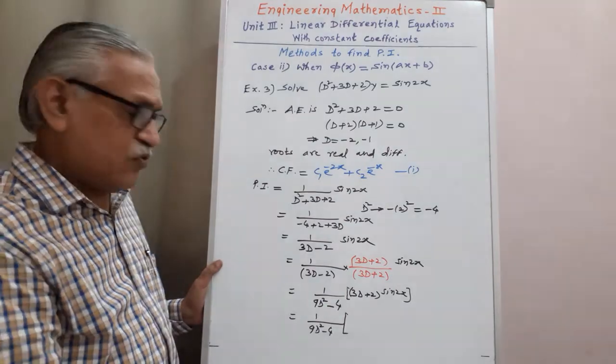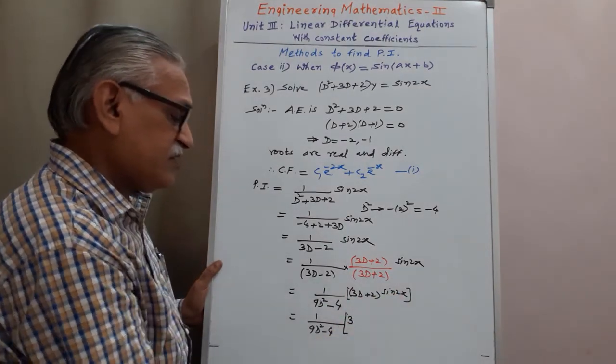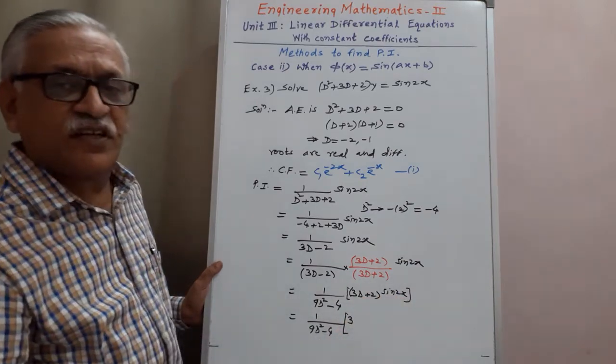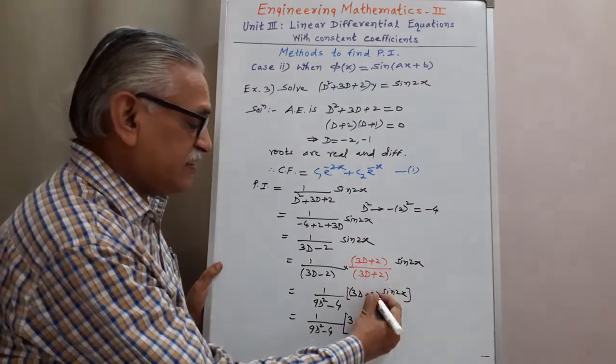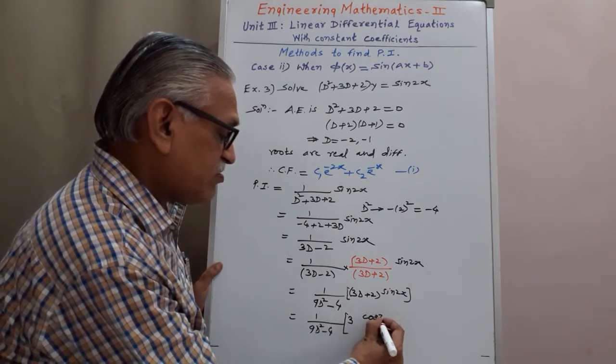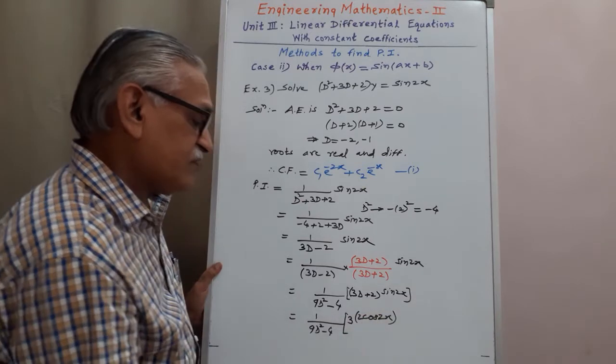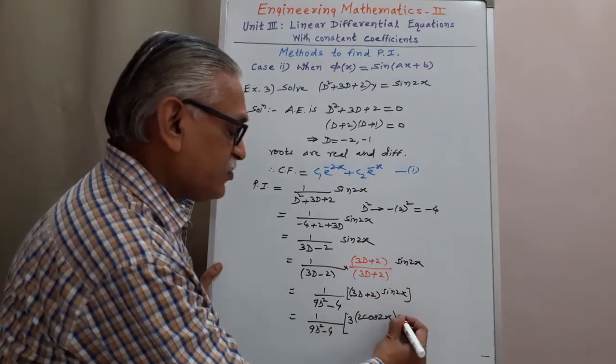Therefore it is 1 upon 9D square minus 4, operating term by term: 3 times D of sine 2x, meaning the derivative of sine 2x. The derivative of sine is cos of 2x into 2, plus 2 times sine 2x.